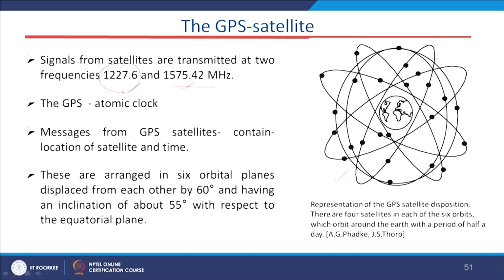These satellites are arranged in 6 orbital planes, displaced from each other by 60 degrees and having an inclination of 55 degrees with respect to the equatorial plane. There is a certain arrangement for GPS so that we can cover the whole network nicely and properly from an operational point of view.